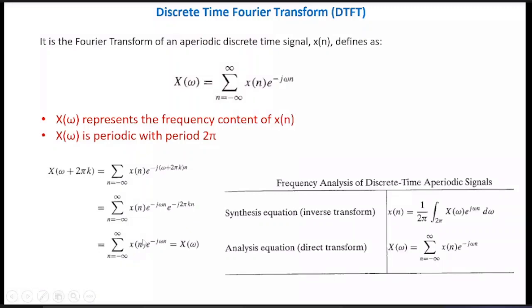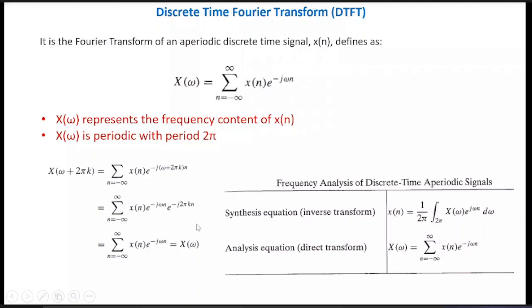So this term, e to the power minus j 2 pi k, is 1. So no delay is required there, and there is no change in the signal. So it is actually x of omega. So multiples of frequency we get. So our frequencies are repeating.